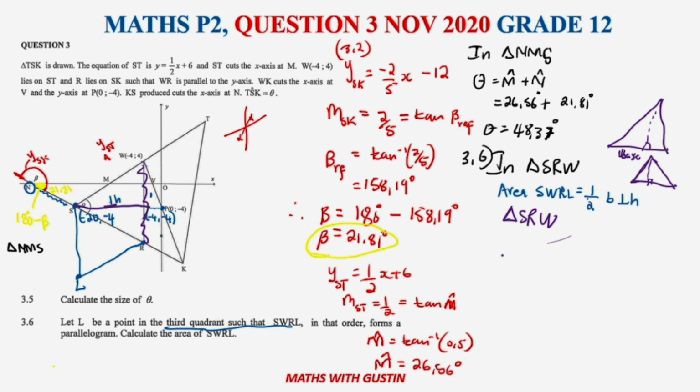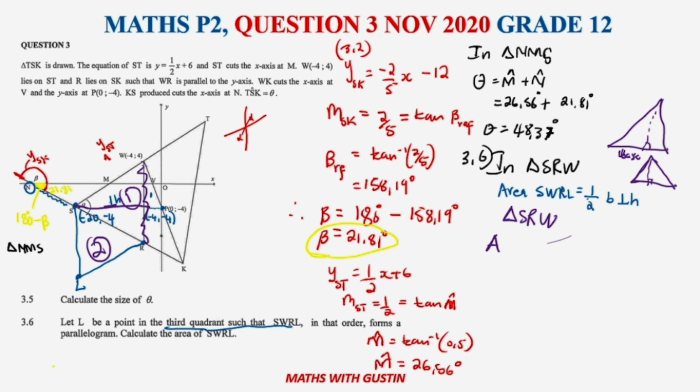After getting this area for triangle number 1, you have got number 2 here. Then you can just multiply by 2, and it will give you the total area of the parallelogram.